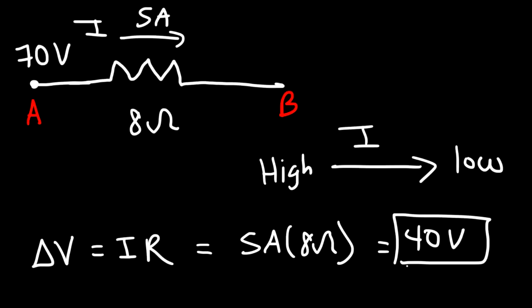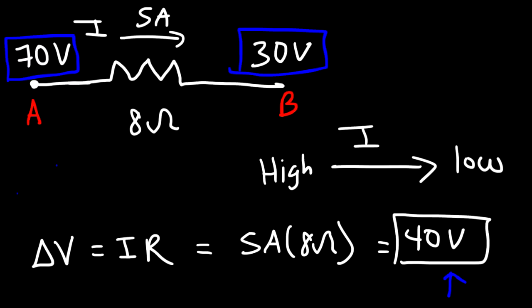So B has to be 40 volts lower than A. So the electric potential at B is 30. So the voltage simply tells you the difference in the electric potential between those 2 points. It doesn't give you the exact numbers, only the difference. To find the other number, you need a starting value.